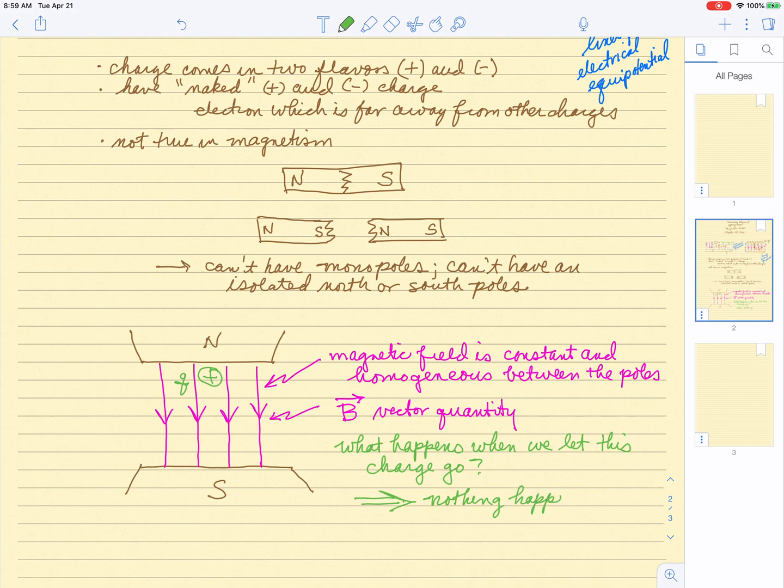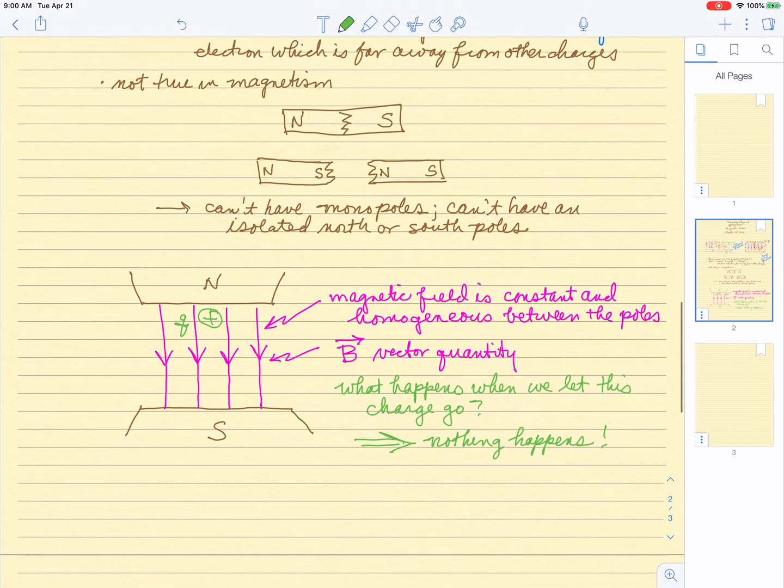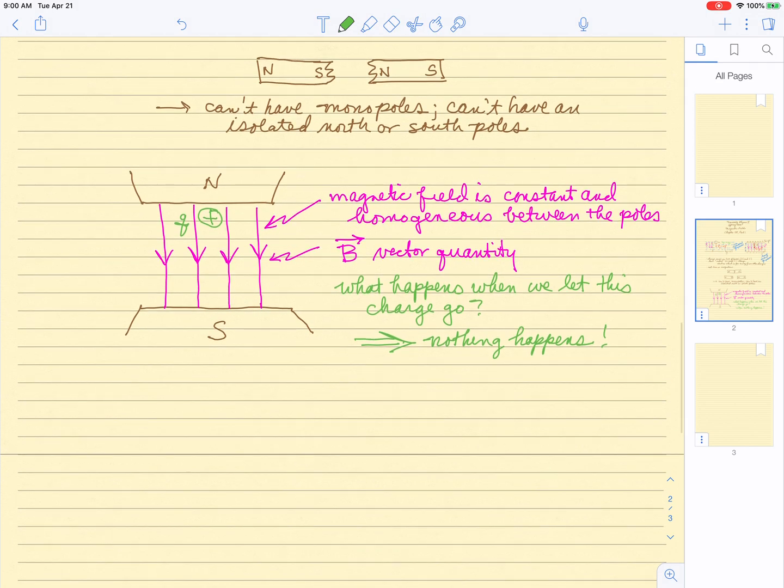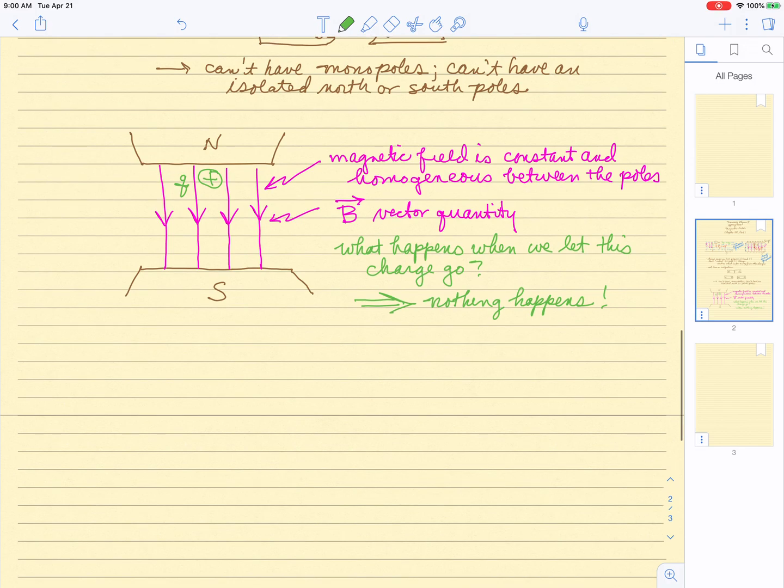Nothing happens. That's interesting, because if we were to put a mass in a gravitational field or a charge in an electric field, in each of those instances, a force would be felt, and that particle, be it mass or charge, would accelerate. However, we have the very interesting scenario here that the charge does absolutely nothing.